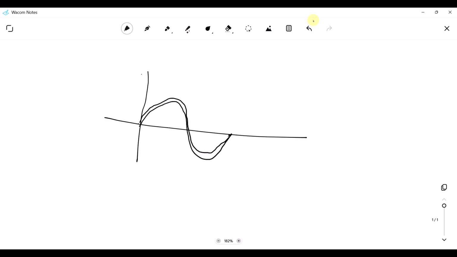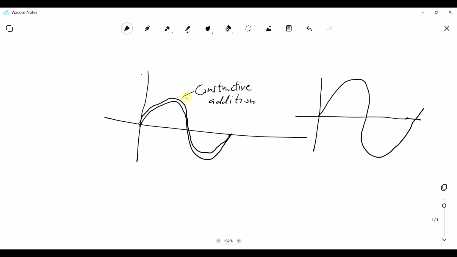They look alike. They are not opposite to each other. So when signals like this come together, that is what we call constructive addition. So this signal will now have a bigger amplitude. It will be bigger because they came together constructively.